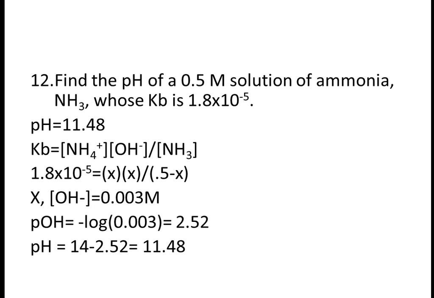If you do the negative log of that number, it gives you the pOH, which is 2.52. And then in order to find the pH, you do 14 minus 2.52, and get 11.48.